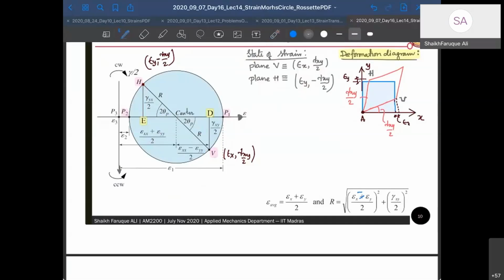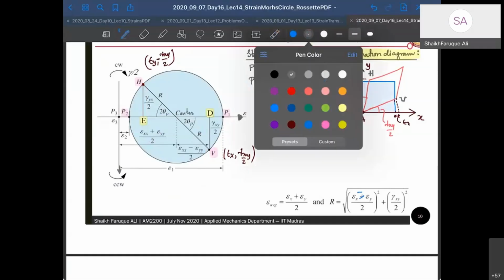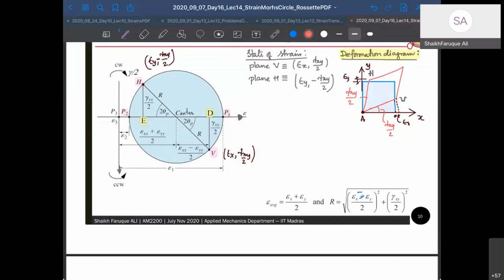Now, what is my 0-degree baseline here? CV is the 0-degree baseline. Once I know my baseline, that's my radius, and I can draw a circle. The values are very clear. This ordinate is gamma xy by 2, and from here to here is epsilon x minus the average center, right?